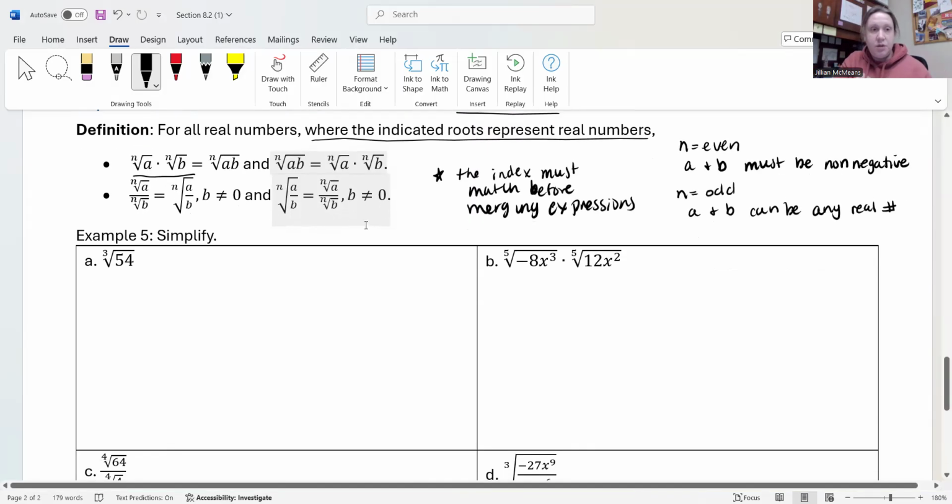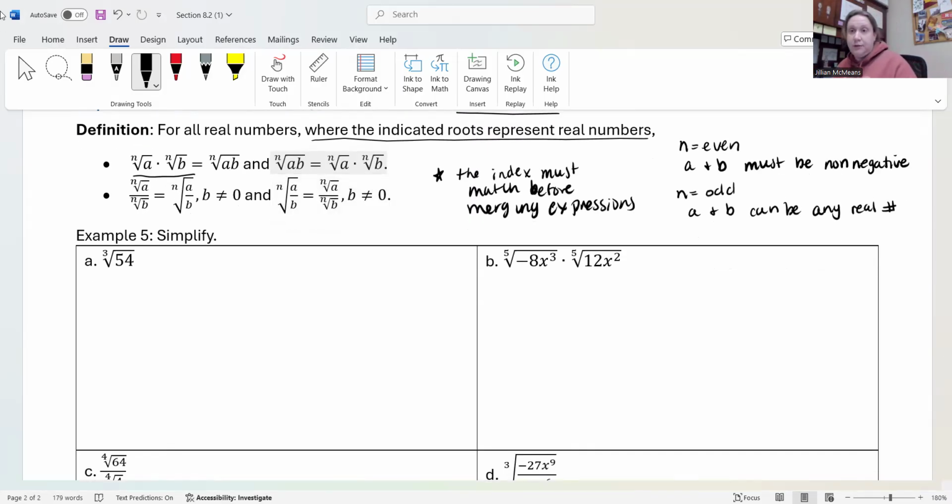So we're going to look at the cube root of 54. This one doesn't seem too daunting. In this case, though, we need to look for a perfect cube factor. In order to simplify, we want to pull out all perfect nth root factors. So in this case, we want perfect cube factors. I happen to know that this is the same thing as the cube root of 27 times 2.